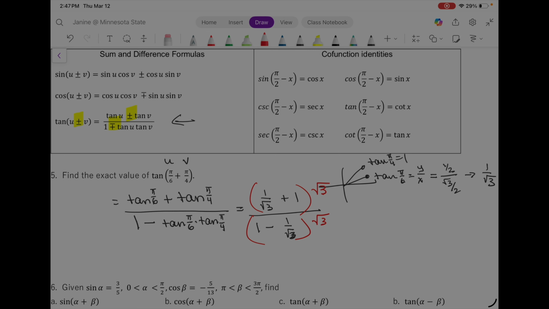The top fraction of the big fraction bar is getting multiplied by root 3, bottom is getting multiplied by root 3. That is a legal mathematical move. When I distribute here, the first one will turn into root 3 over 3. The second piece here will turn into a root 3.